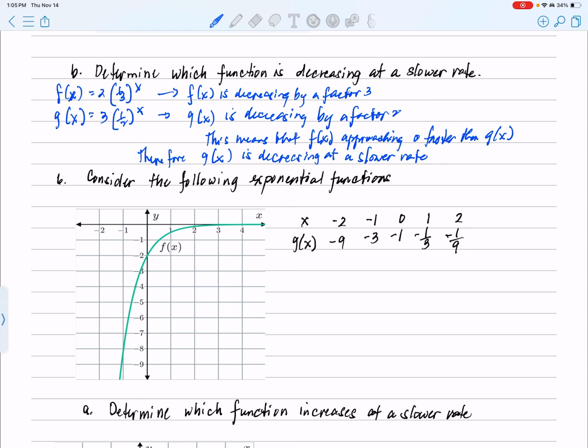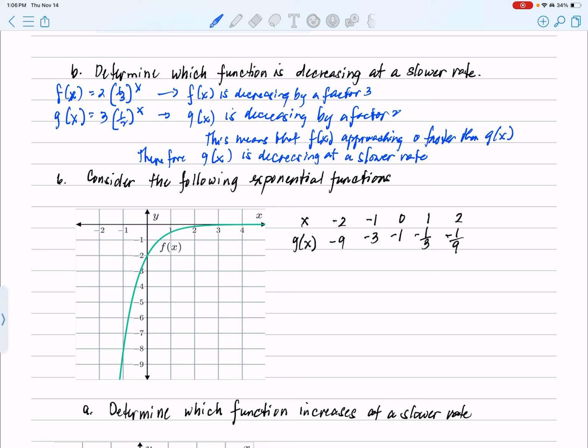Determine which function increases at a slower rate. As I've said, one way to determine this is by comparing the constant factors. We can find the constant factors by dividing the outputs of two consecutive points.